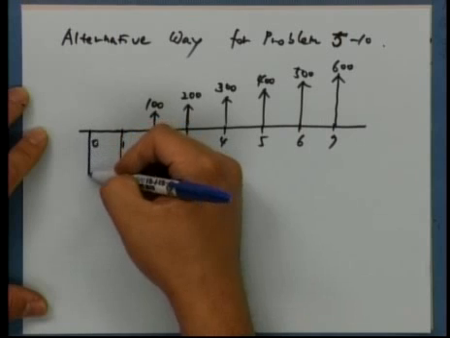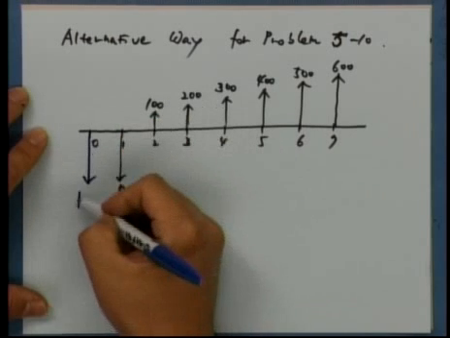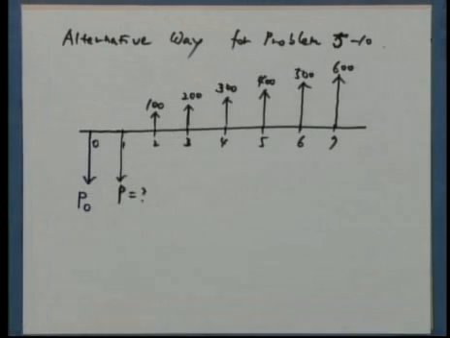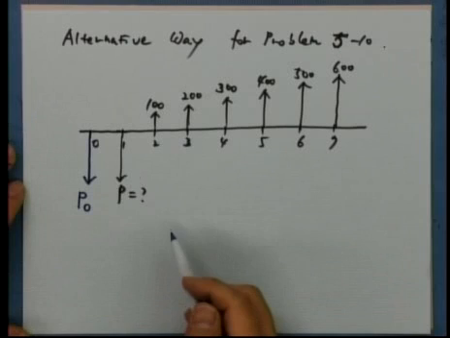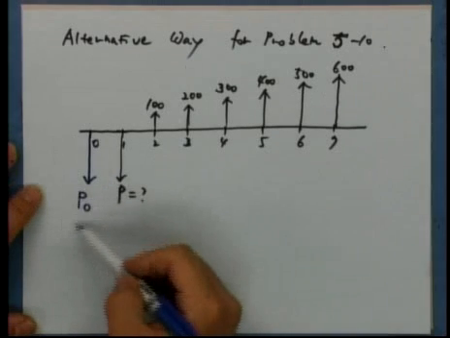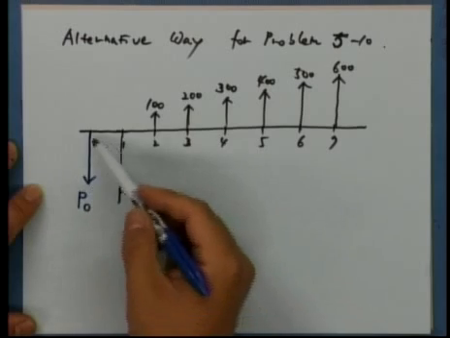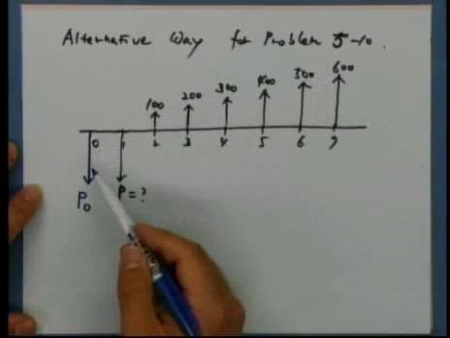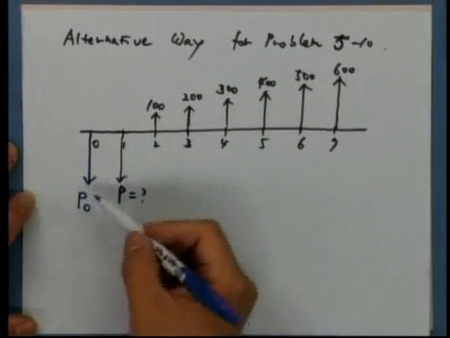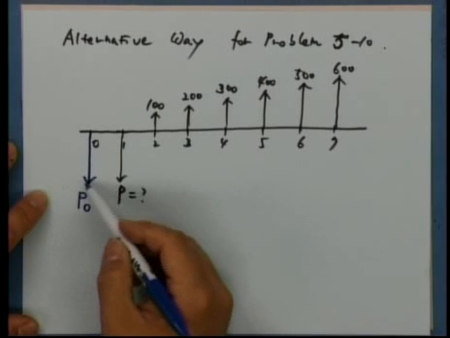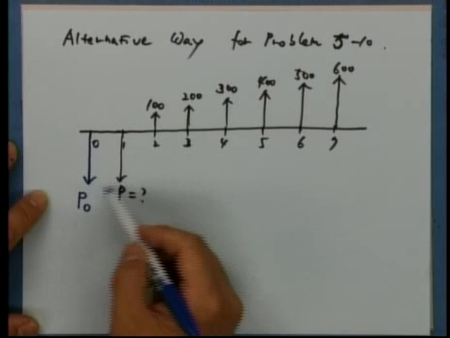Okay, so let's add here we have P sub 0. So once you get this P sub 0 using the arithmetic gradient series, then you can move this P sub 0 forward 1 period.